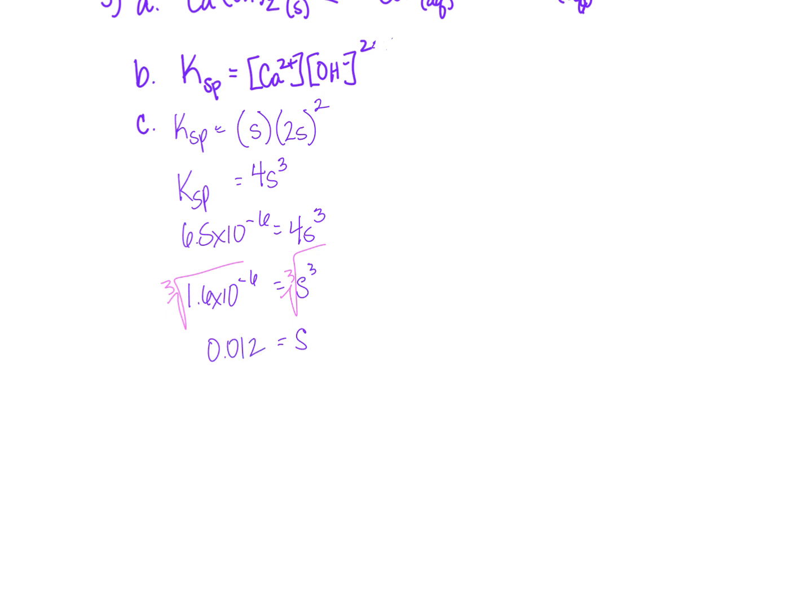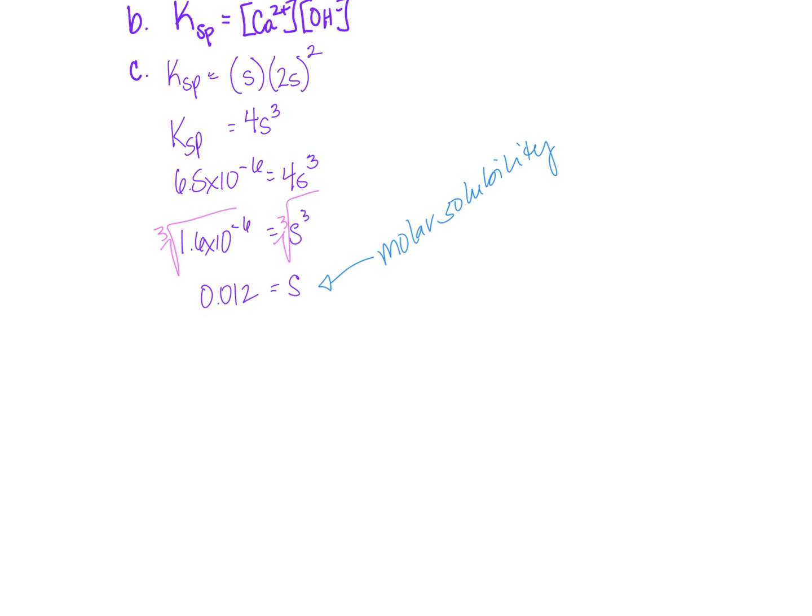So that S, that is your molar solubility. So that's like the second part of this question. The first part of this question is asking us to find the concentrations of the Ca2+ and the concentration of the OH-. So for the Ca2+, if we look back up here into this part of our problem, we replace that with an S. So the concentration of Ca2+ is S, or this 0.012 molar.